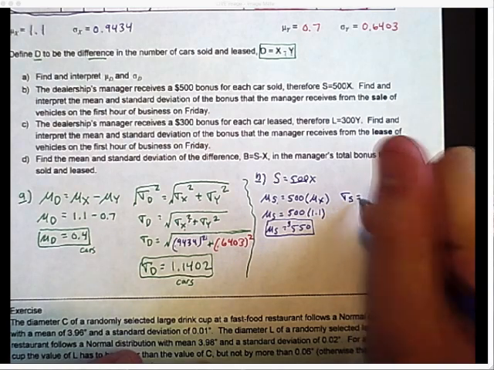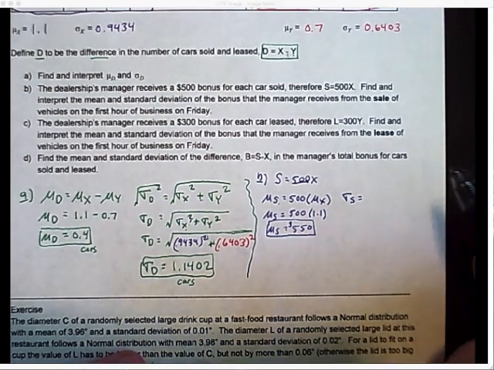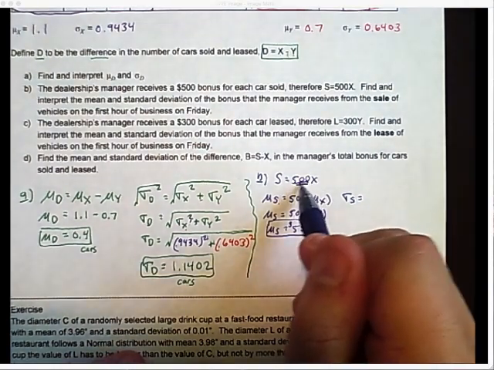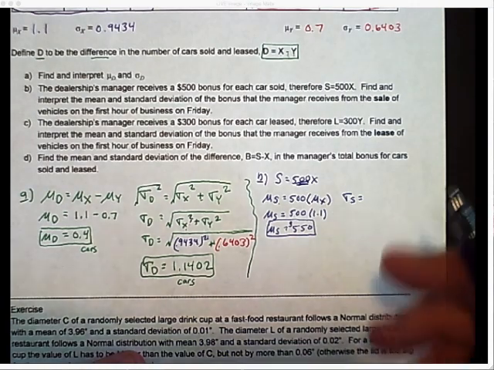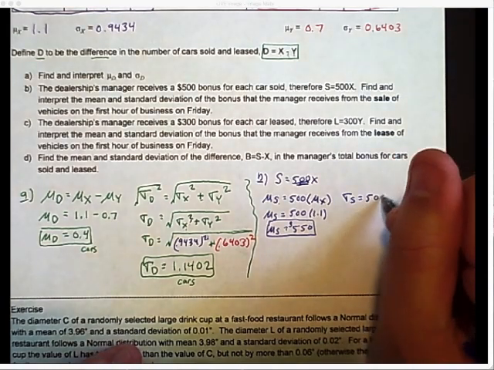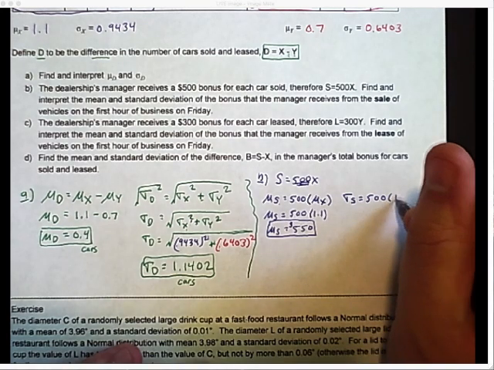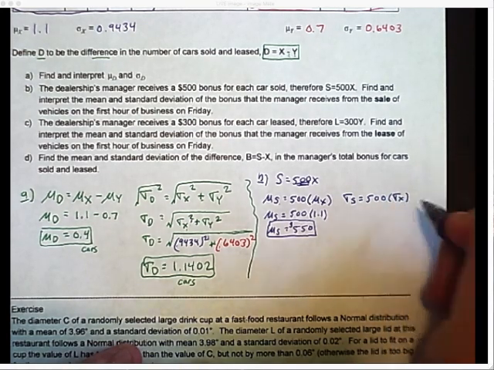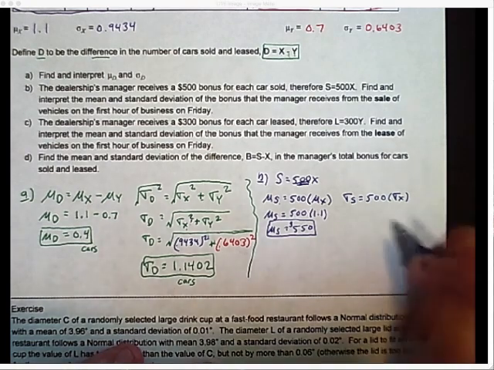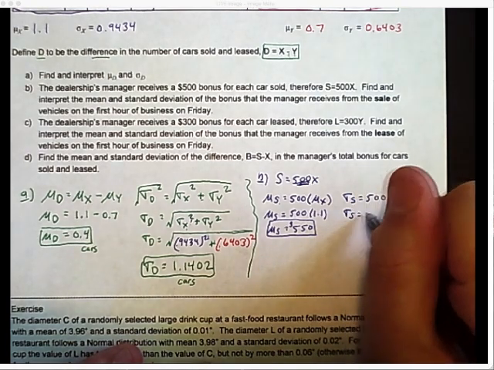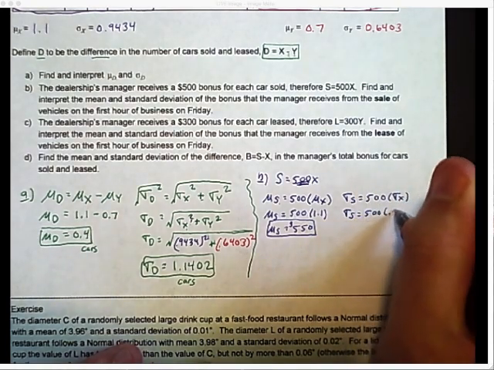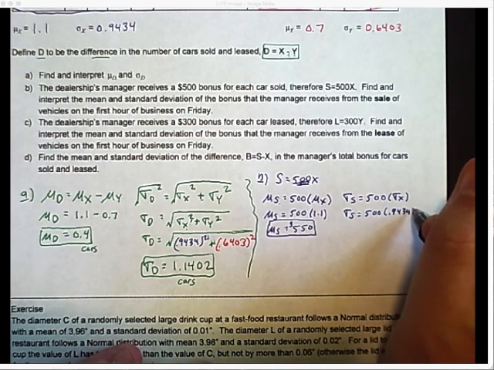Well, when we're multiplying, that also changes the standard deviation by that number. So we would have 500 times sigma x. So sigma s would equal 500 times 0.9434.